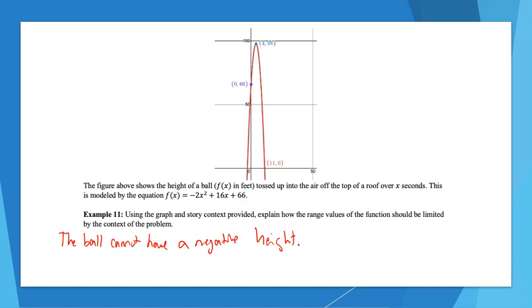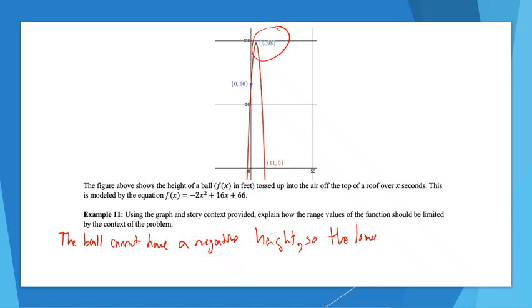And then we also want to address how, because this is a quadratic function that is concave down, there is going to be a maximum at 4.98. You would know this because this would be an equation that you would be given Desmos for and be able to find that maximum that you just found. So the ball cannot have a negative height.